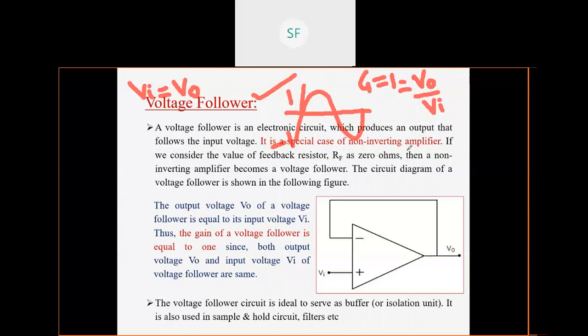Then you have to show that in the absence of RF, that means RF equals 0, this gain becomes 1. When gain becomes 1, then input voltage and output voltage will become equal. And finally, you have to write down a few applications. Okay. So this is about the voltage follower circuit.